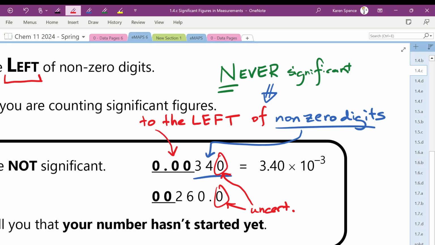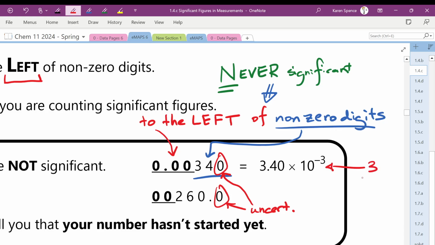Okay? Now I hit a non-zero number and I say, all my non-zero digits, obviously I've made some sort of measurement, that's significant. So I say significant, significant, and here's my uncertain digit. So that's 1, 2, 3 sig figs.